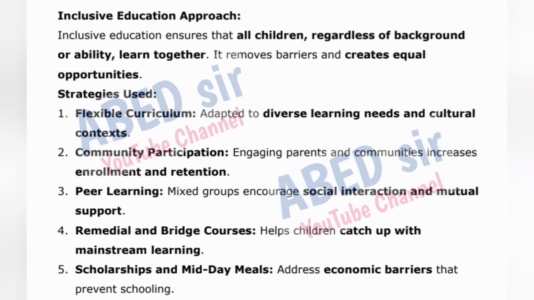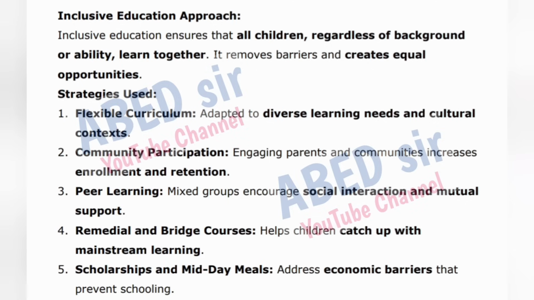Inclusive education approach. Inclusive education ensures that all children, regardless of background or ability, learn together. It removes barriers and creates equal opportunities. Strategies used. 1. Flexible curriculum adapted to diverse learning needs and cultural contexts. 2. Community participation.